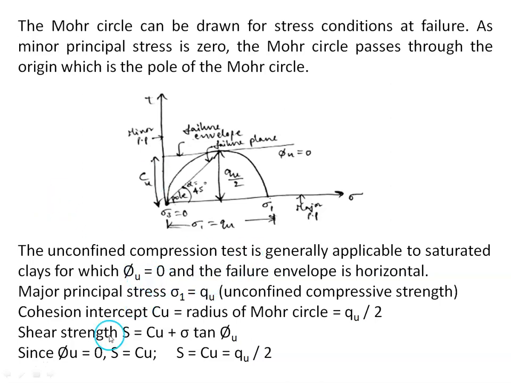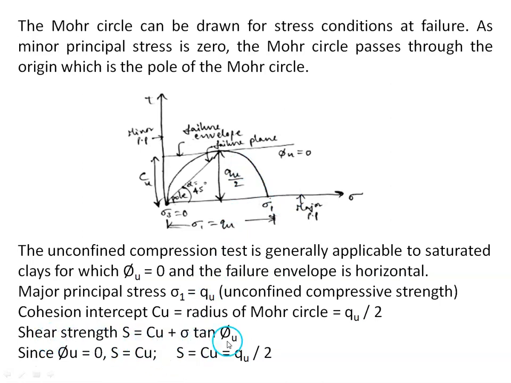So here the major principal stress sigma 1 equals qu, that is the unconfined compressive strength, the vertical stress corresponding to failure. Then the cohesion intercept c equals the radius of the Mohr circle. What is the radius of the Mohr circle? It is nothing but half of the unconfined compressive strength. We know that shear strength equals c plus sigma tan phi.